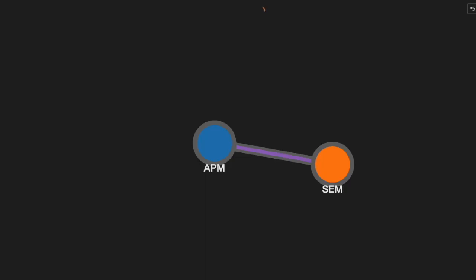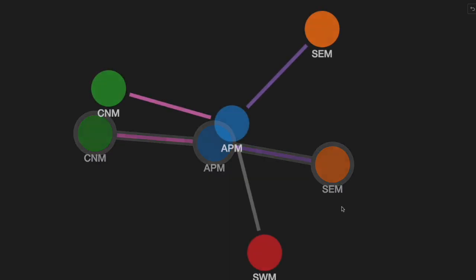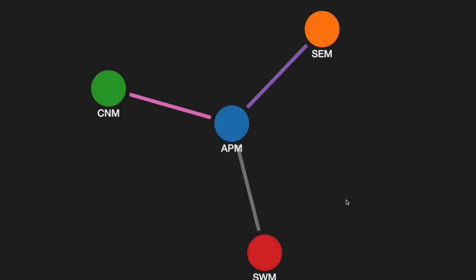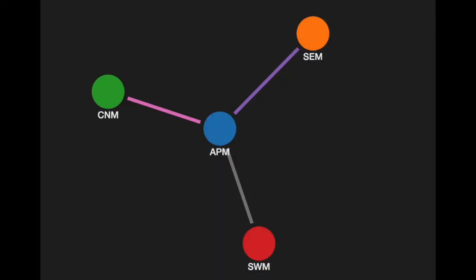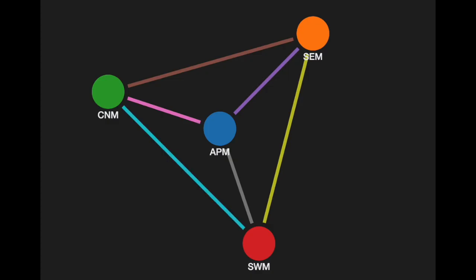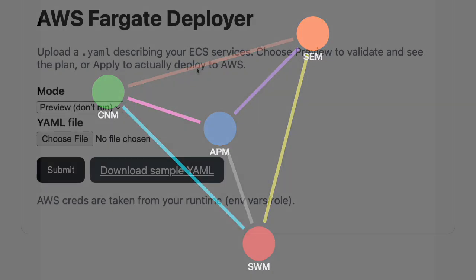CNM, Cognitive Network Manager, adapts the network dynamically to keep everything running efficiently. SWM, Service Workflow Manager, monitors for anomalies and triggers redeployment when needed. Together, these components enable applications that are self-deploying, self-managing, and self-healing, the foundation of autopoietic software.